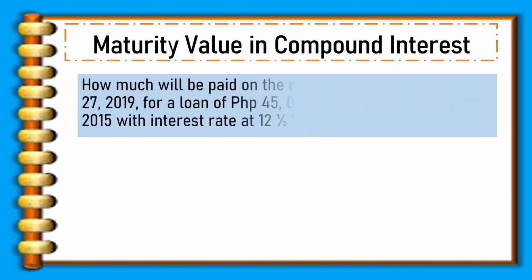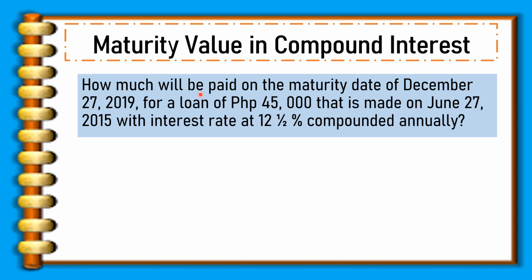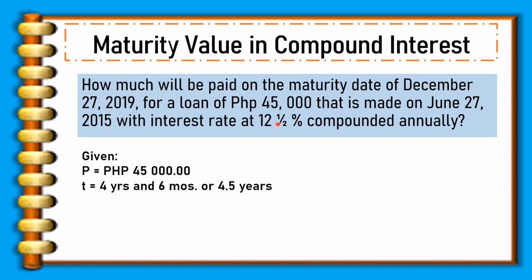Another problem: how much will be paid on the maturity date of December 27, 2019 for a loan of 45,000 that is made on June 27, 2015 with an interest rate of 12.5% compounded annually? So here are the given: principal amount of 45,000, term of 4 years and 6 months.